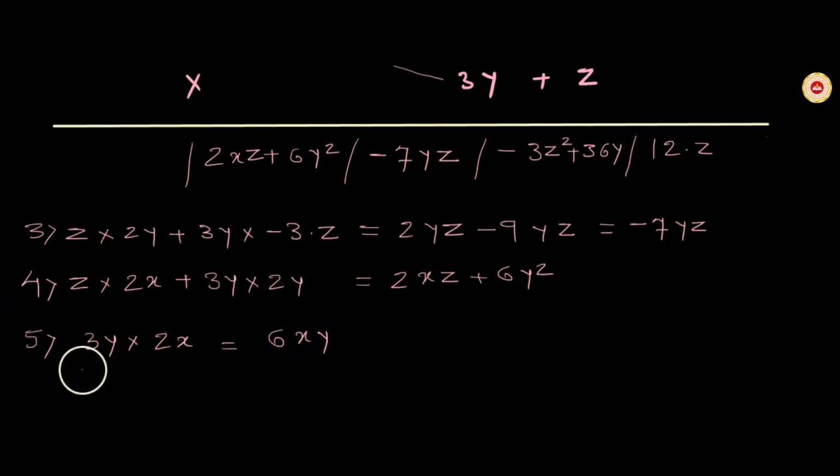This is the answer of the fifth step and should be written in the fifth part. So friends, we have calculated and written answers in 1, 2, 3, 4, 5 parts. Now let us write the final answer by removing these slashes.